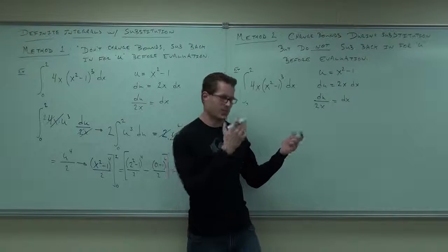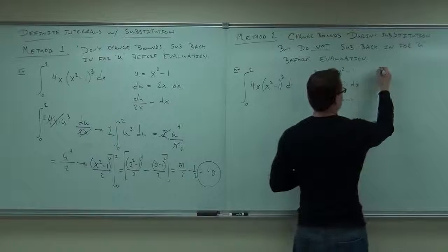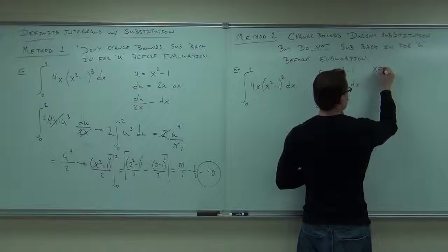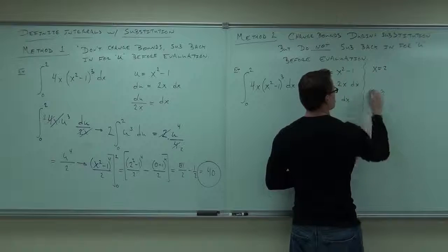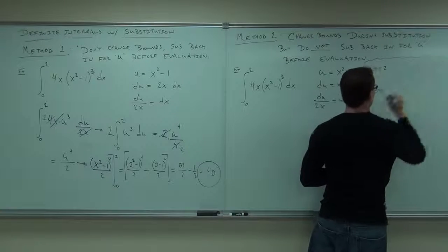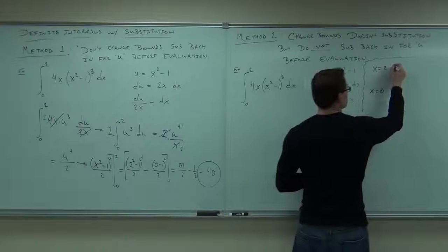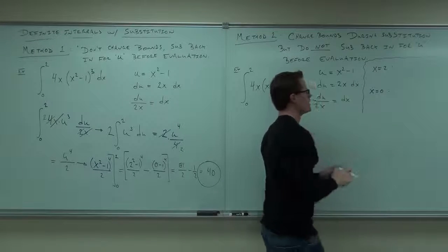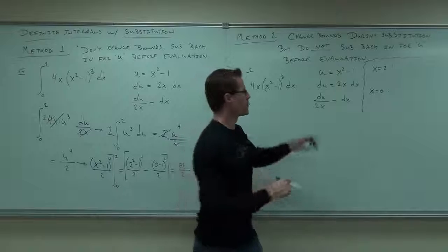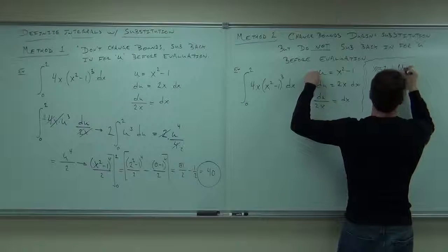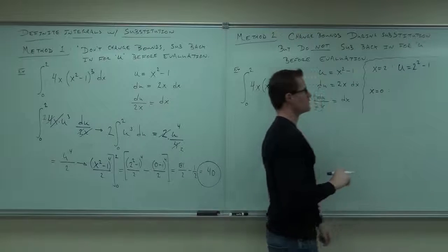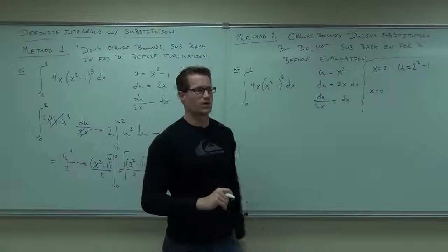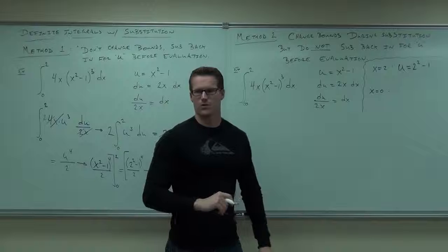You got it? Okay. So we'll say if x equals 2 and if x equals 0, this is the whole process of changing bounds. If x equals 2, then u equals 2 squared minus 1. See where the 2 is coming from, right?